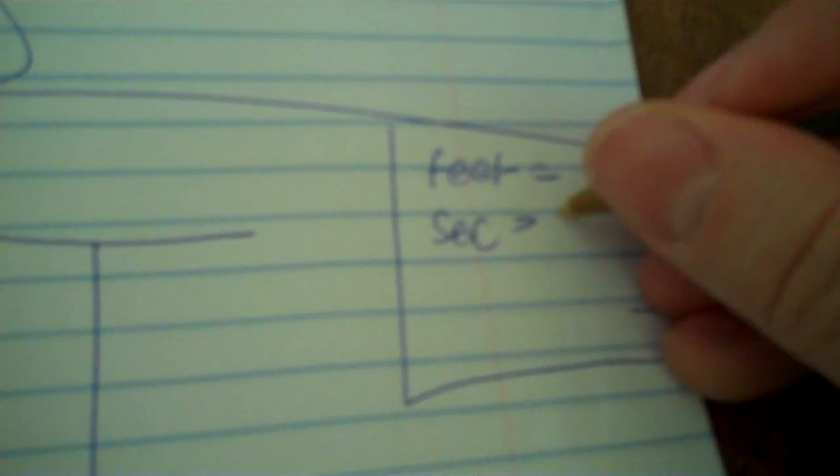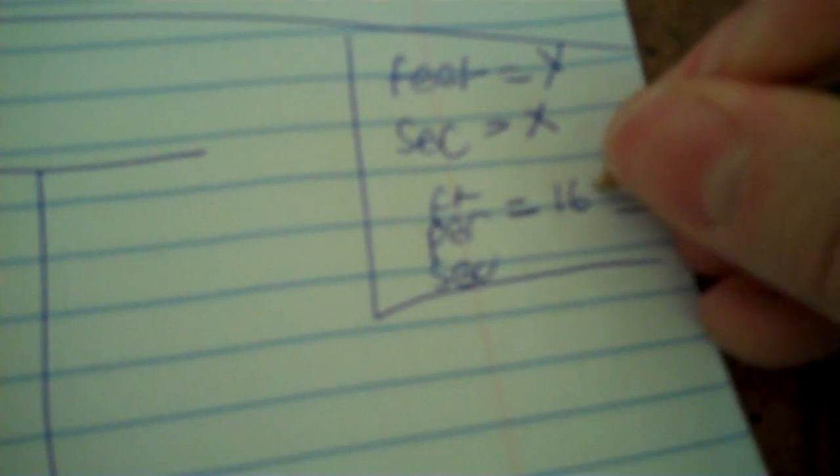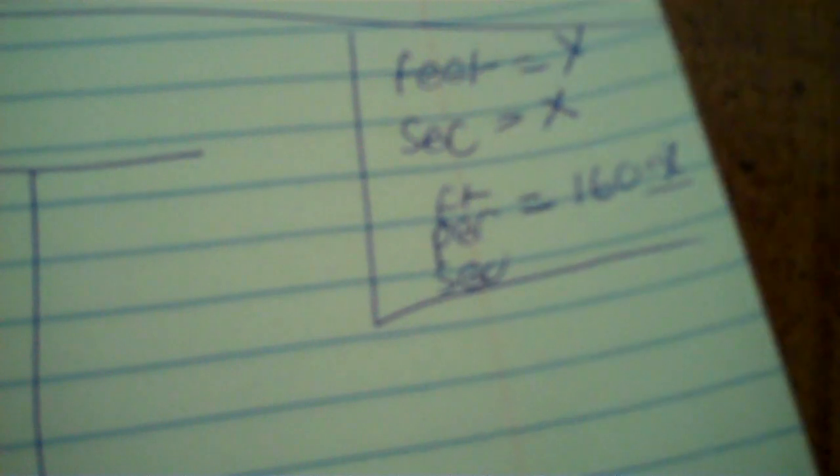Feet and seconds are the two units in the problem. Time is x, feet is y, and per second, feet per second, is 160. Put times x because it goes down every second. Now we'll decide if that needs to be negative or positive in a second.